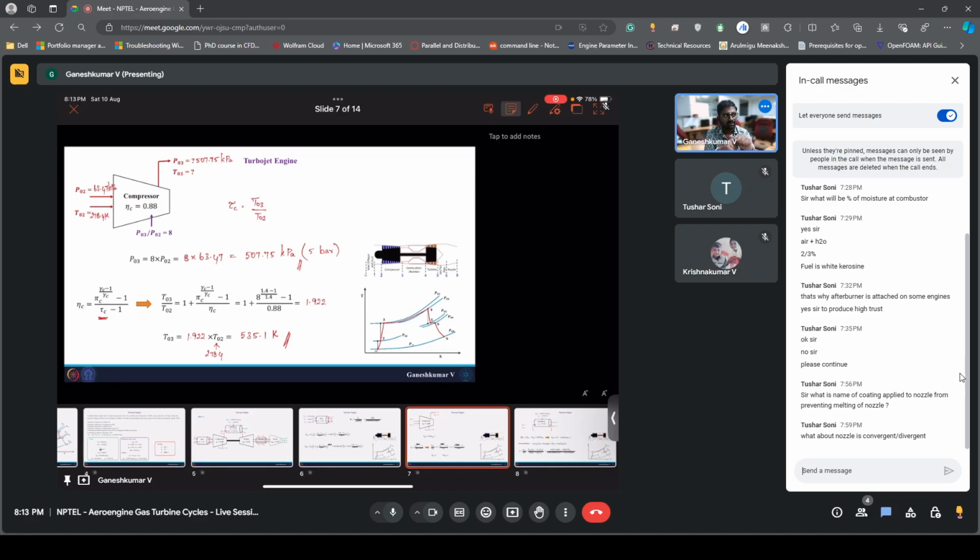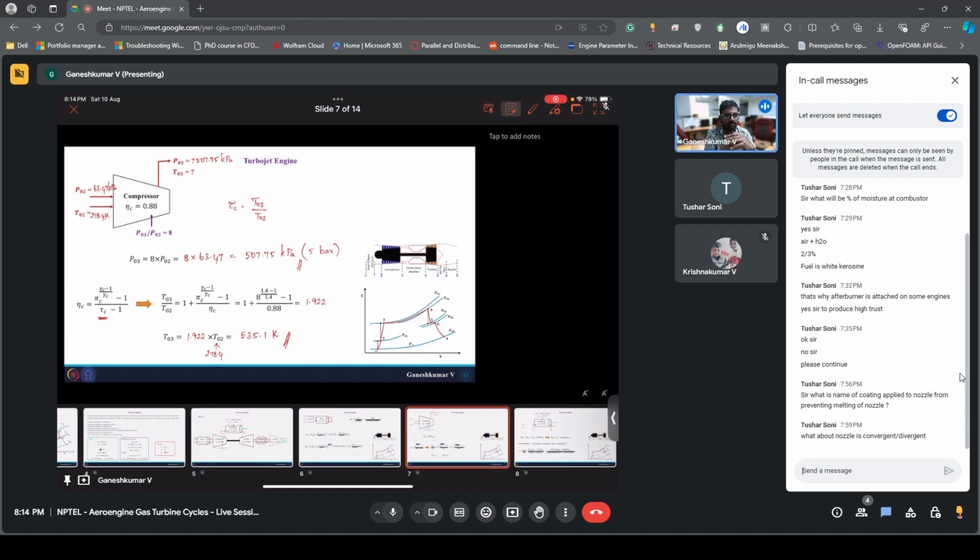Typically it can happen in a turbine blade, but it is very rare in gas turbine engines. In other places where you employ turbines, these problems are very high, and because of cavitation it can erode your blade also.